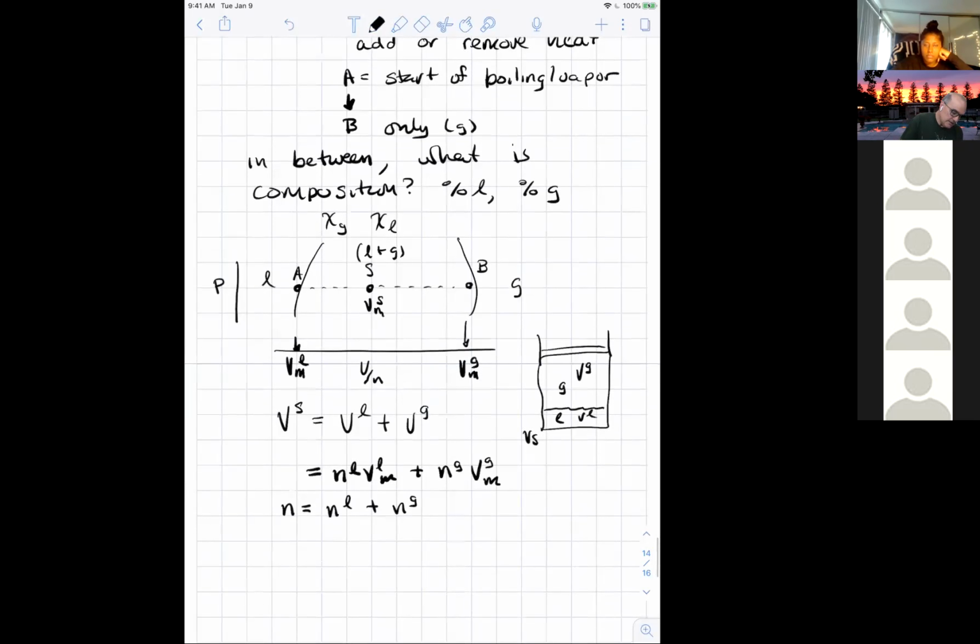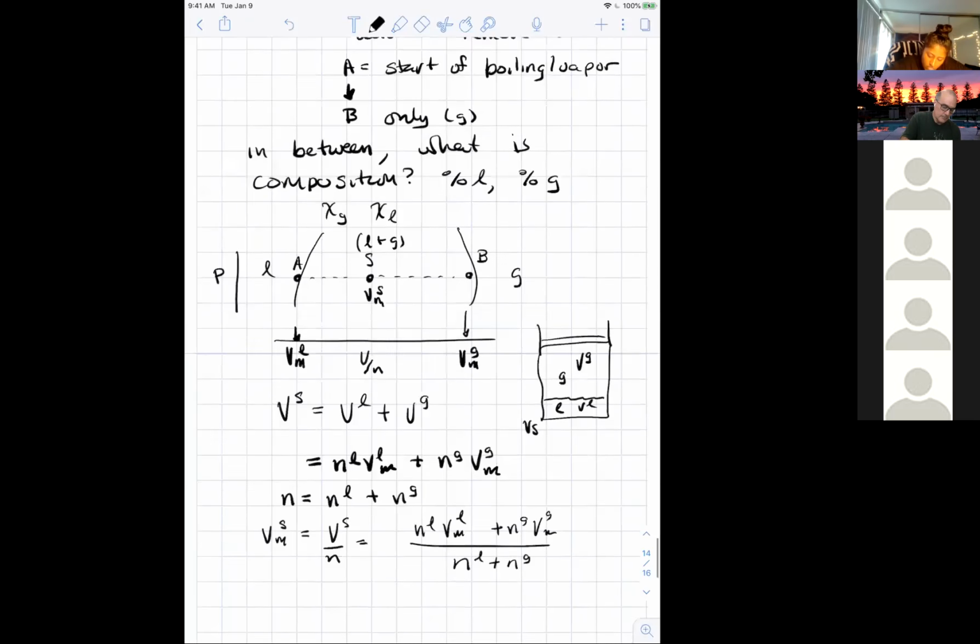So if we say the molar volume of S, right, which is the volume of S over the total number of moles, right, because we can't distinguish at that point, this is going to be the NL VML plus NG VMG over NL plus NG, right?